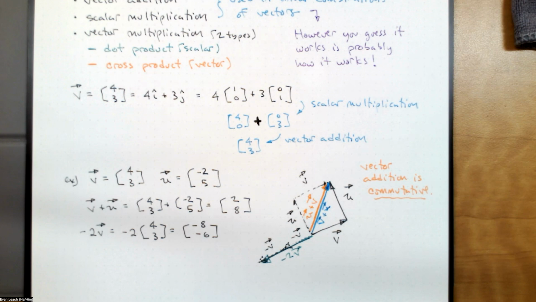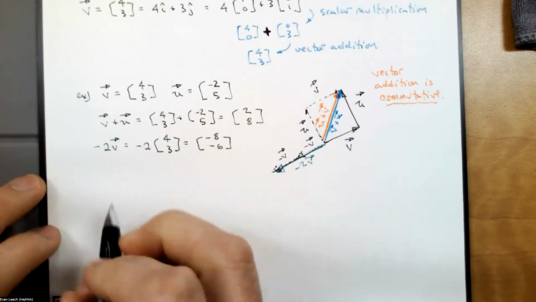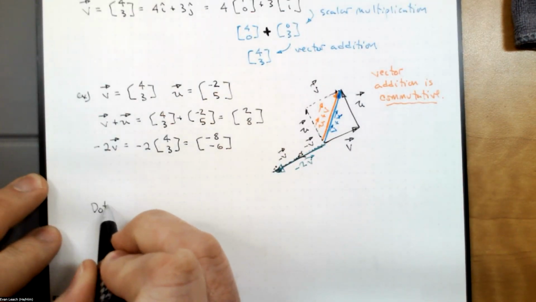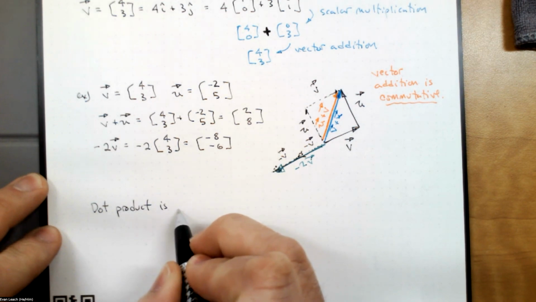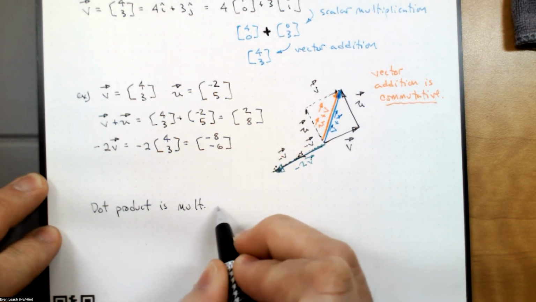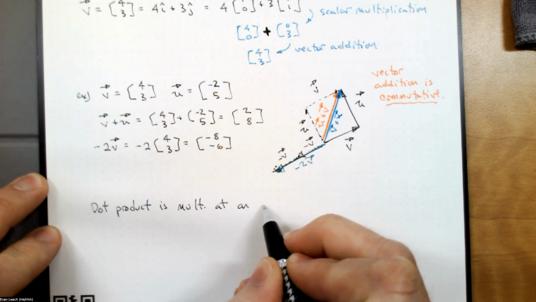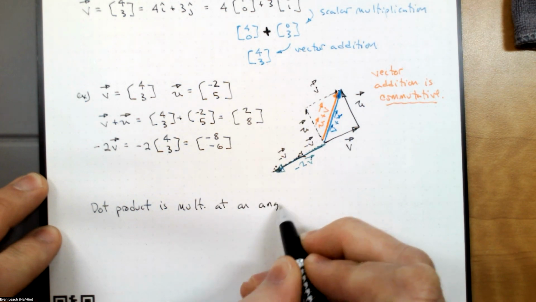It's when we're multiplying and our two quantities are not going in the same direction. Dot product is multiplication at an angle.